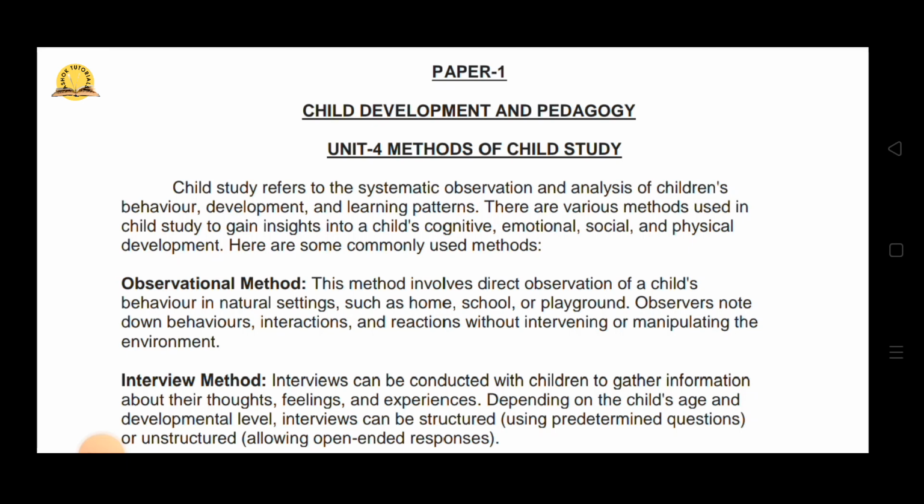So there are different types of methods used in child study to gain insight into the child. So see, why do we use these kinds of methods? We use them so that we can know the child's cognitive status, emotional status, social status and physical status, right? We will go into detail about every method, but as of now, in the introduction, let's see what these methods are.